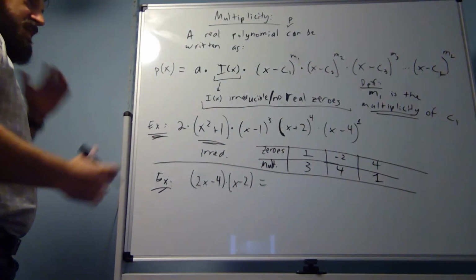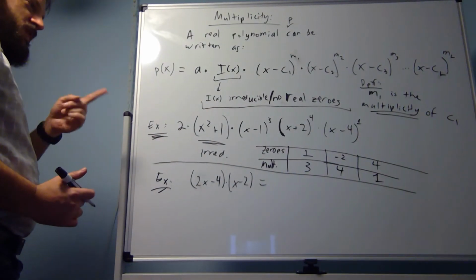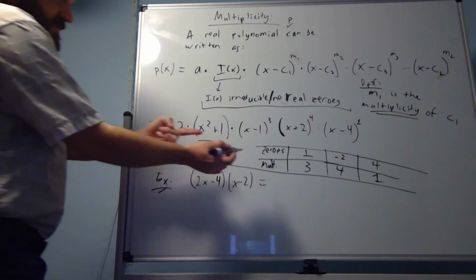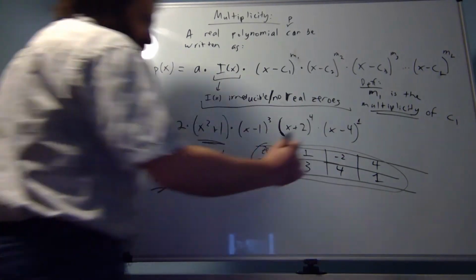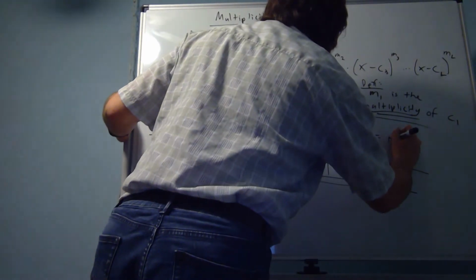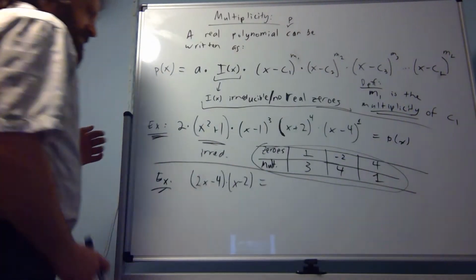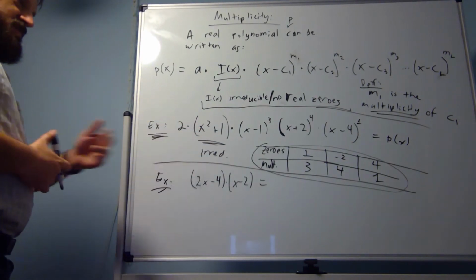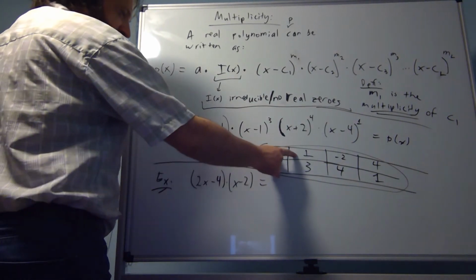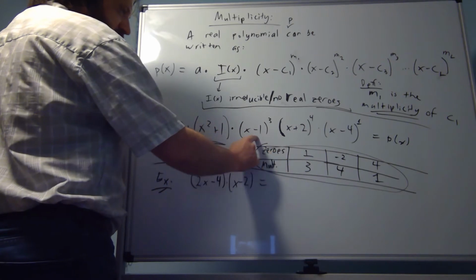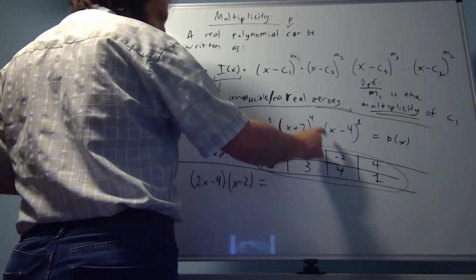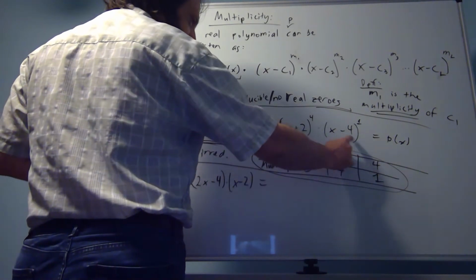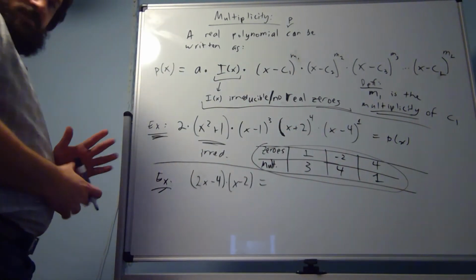So there's an implied exponent of 1. So these are the zeros and the multiplicities of this polynomial, if we wanted to call it p of x. The zero x equals 1 has multiplicity 3. The zero negative 2 has multiplicity 4. The zero 4 has multiplicity 1.